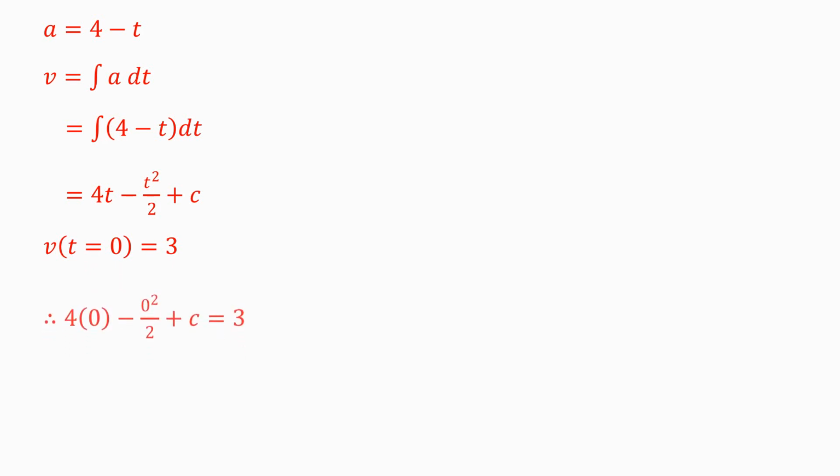So we have 4 into 0, since the time is 0, minus 0 squared over 2 plus c equals 3. So that means c equals 3. And so the velocity equation in terms of t is 4t minus t squared over 2 plus 3.